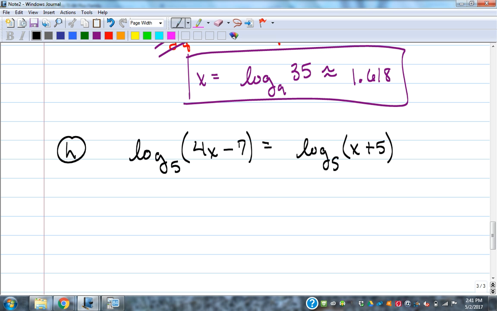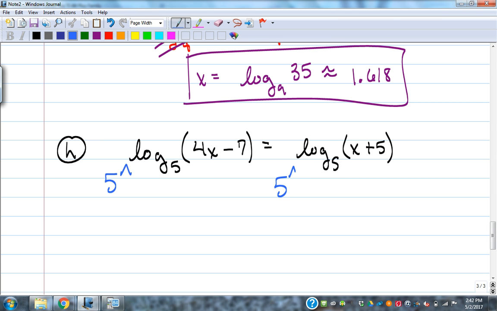In the first 4 examples we did, it's exponential. These are logarithmic. The math that makes those logs cancel out is called exponentiation. Fancy words for saying make 5 the base. If I do that to both sides, it'll get rid of the logs.